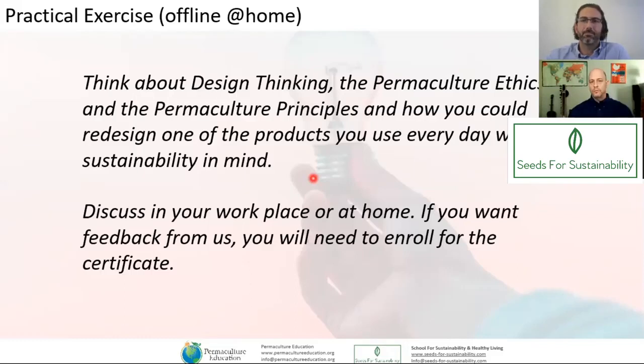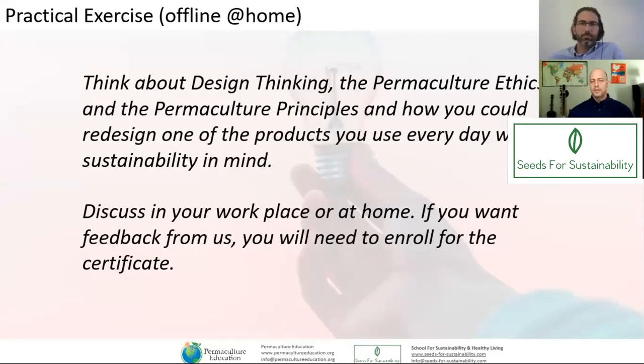Then I just want to add that in terms of design thinking, we're talking about sustainable design and how things are moving much more towards sustainable design, and people are walking away from companies that are doing things in an unsustainable manner. So more and more we see product designers coming to learn about permaculture and get certified and bring that knowledge back to their companies.